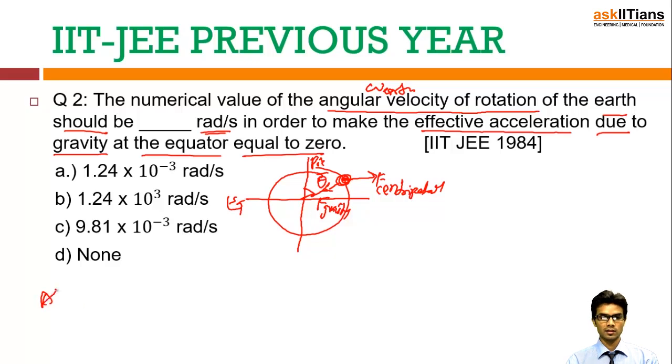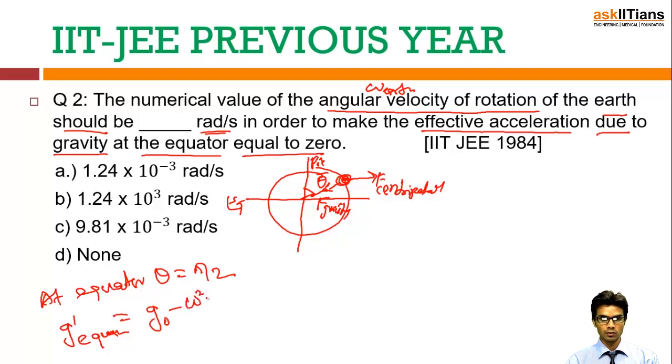So at the equator, theta is equal to pi by 2. So g dash at the equator is equal to g0 minus omega square R, since sine pi by 2 is equal to 1.